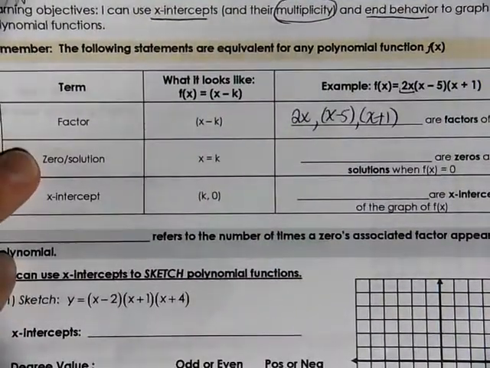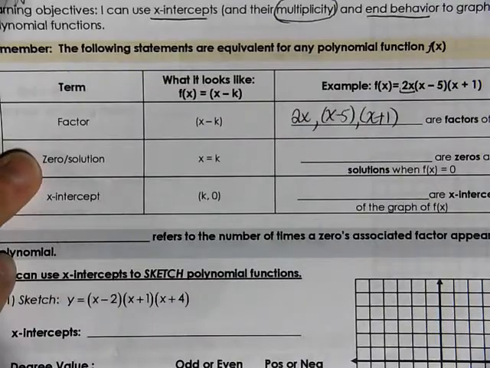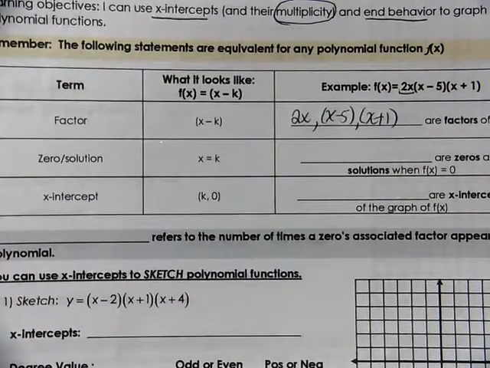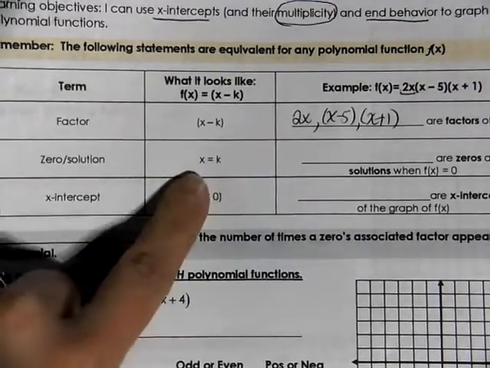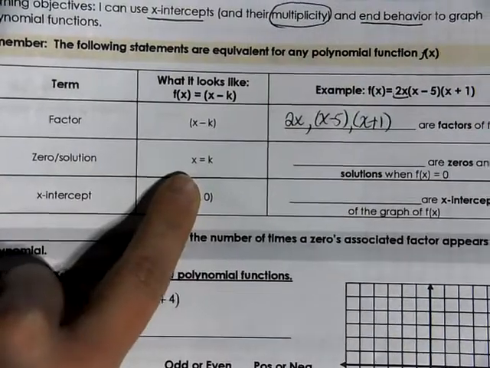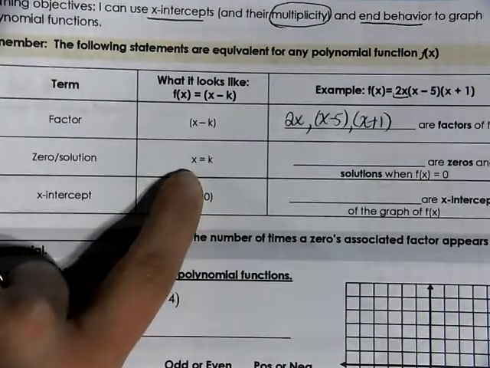Next, we have a 0. A 0, once again, represents the solution of an equation or the location on the graph where the graph crosses the x-axis. Those are called zeros, and those are whenever we set our parentheses or any term containing x equal to 0.